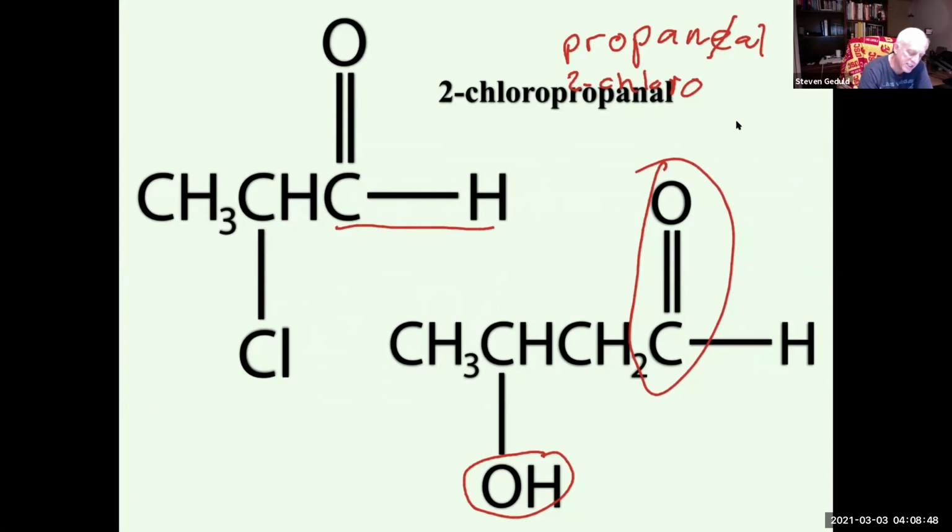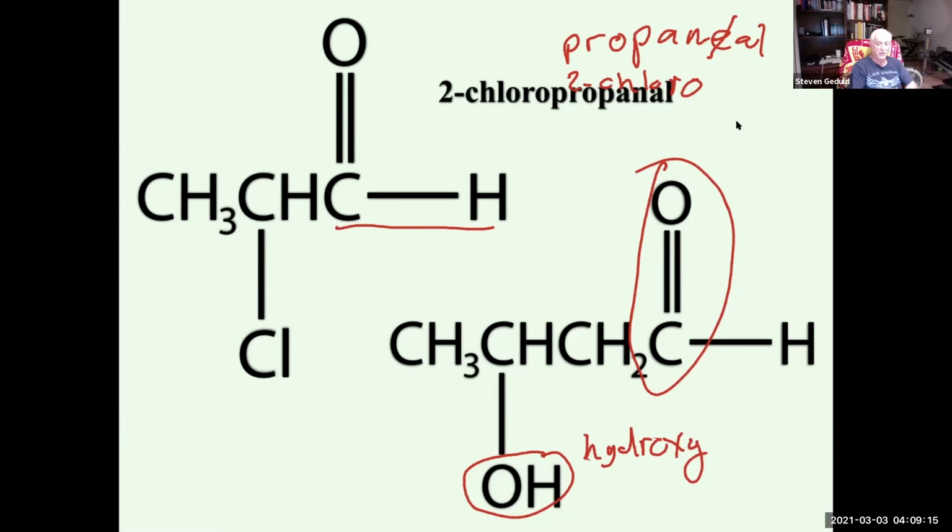When OH is the functional group, it's named with an OL ending. You can only have one functional group in the ending. There's only one end of a name. When it's a substituent, it's called hydroxy. If the OH group is a substituent, it's hydroxy. If it's the functional group, it's an OL ending. Just like phenol, which is an OH with a benzene ring.